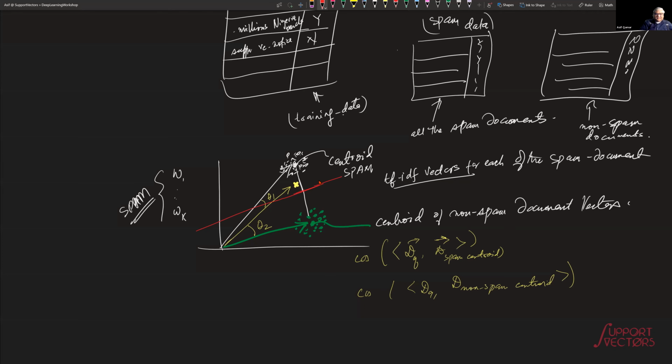Any vector on this side is spam, any vector below this red line is ham. So this effectively is your decision boundary. A linear discriminant analysis. Excellent. So this is nothing but your linear discriminant analysis.